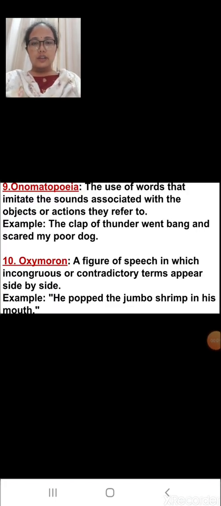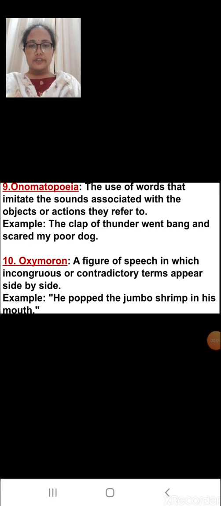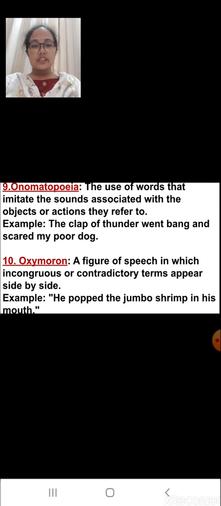Now the ninth one, that is onomatopoeia. The use of words that imitate the sounds associated with the objects or action they refer to is known as onomatopoeia. For example, the clap of thunder went bang and scared my poor dog.